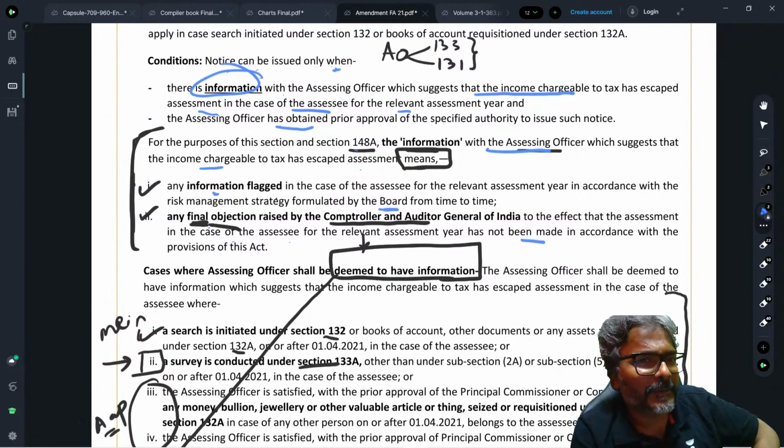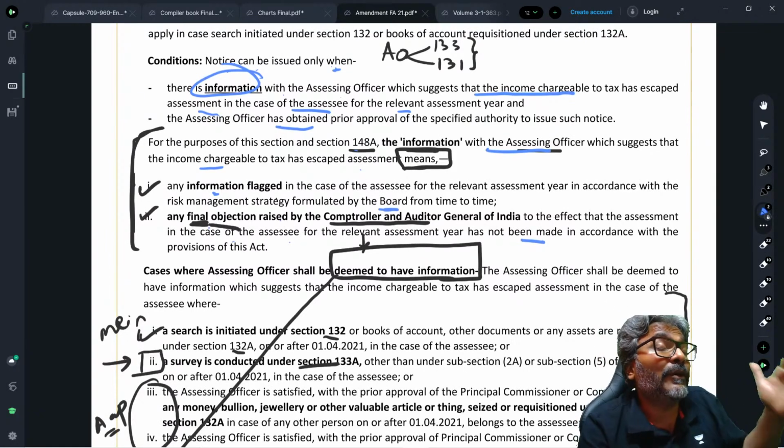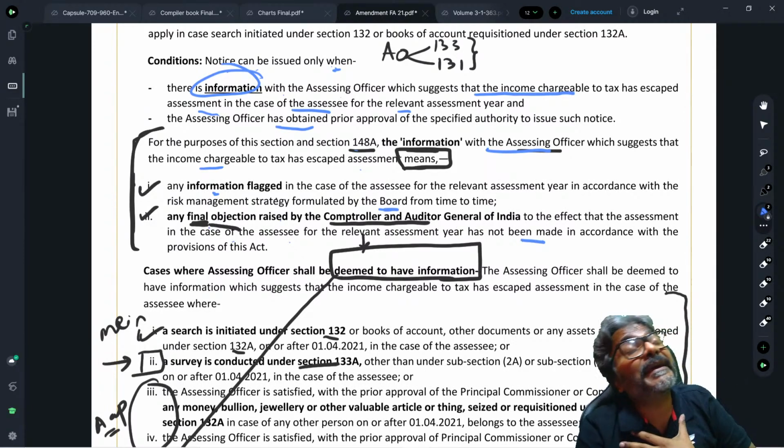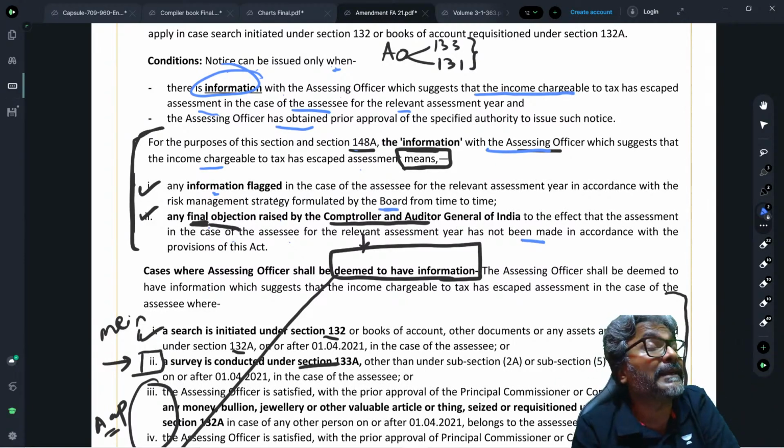So this is the information which has prompted the AO to pursue any inquiry, and thereafter issue the show cause notice under 148A and finally pass the order under 148A to decide whether it is a fit case or not to pursue further the provision of section 147.